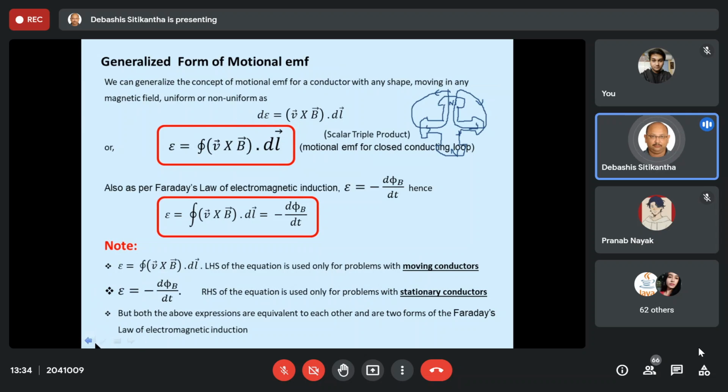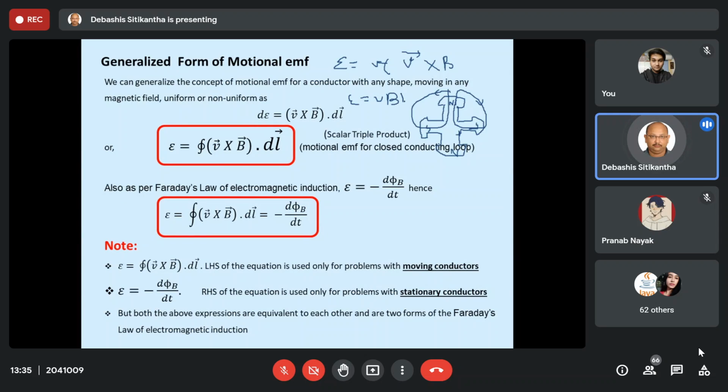We have already got the derivation from before, that E is equal to V cross B vector, or simply E is equal to VBL.